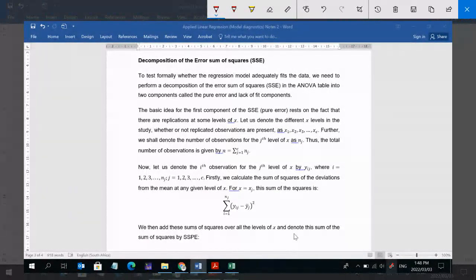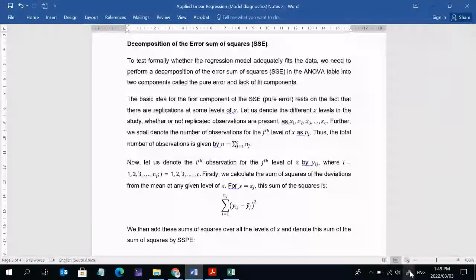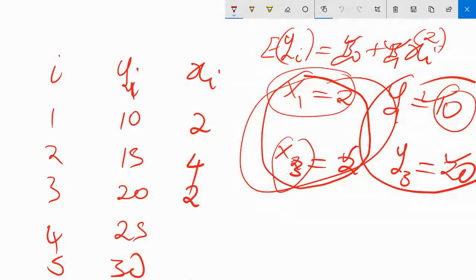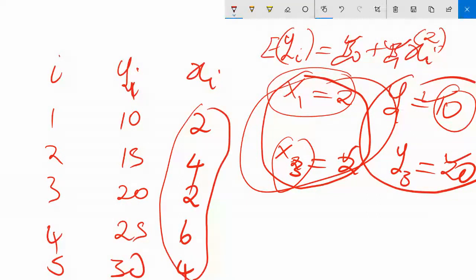Let me write this, and let's say this one is 6 and this one is 4. So how many x values are we having here? 5. Because we have 2 and 2, we have 4 and 4, then we have 6.